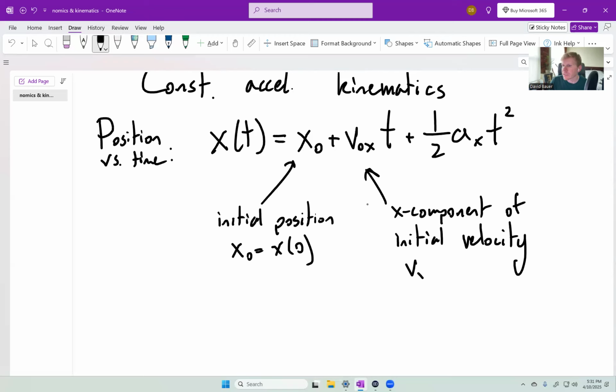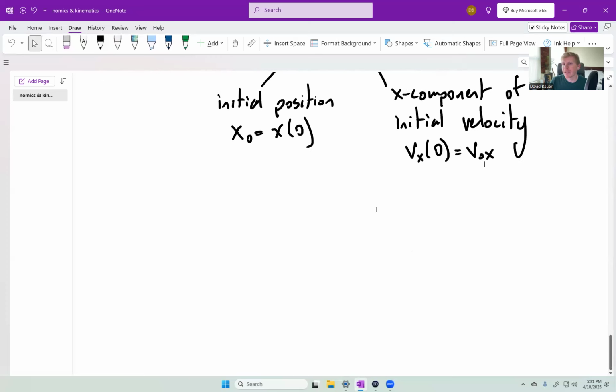Right, and this thing here, this is v sub x at time 0. All right, so if we write down this equation, if we know the initial position, if we know the initial velocity, if we know the acceleration, we can find where our particle is at any time after t equals 0.